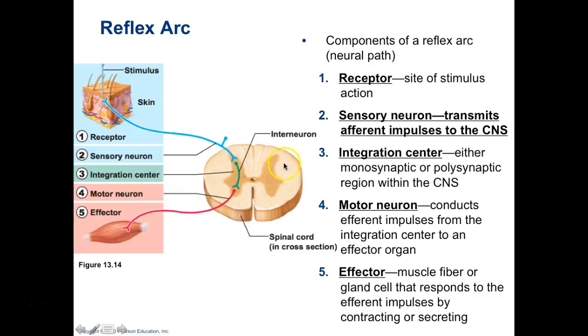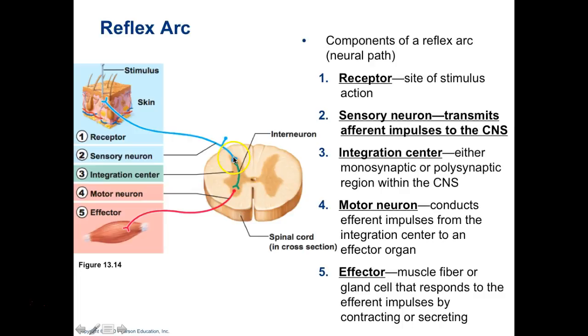Then we have our integration center, which can be either monosynaptic or polysynaptic. Mono, meaning one synapse, means that this sensory nerve is directly going to synapse onto this motor nerve. That's not the case in this image. This image is showing us polysynaptic, meaning we have multiple or many synapses.